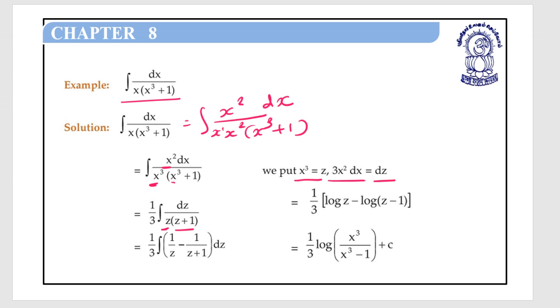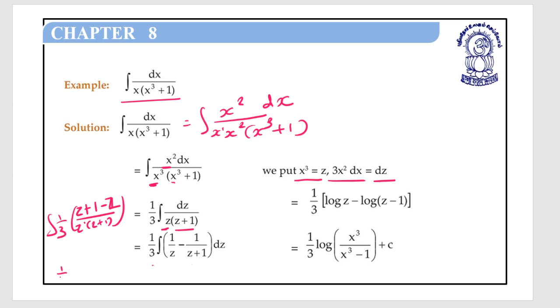Here this will come from here 1 by 3, z plus 1 minus 1, z plus 1 minus z upon z into z plus 1.